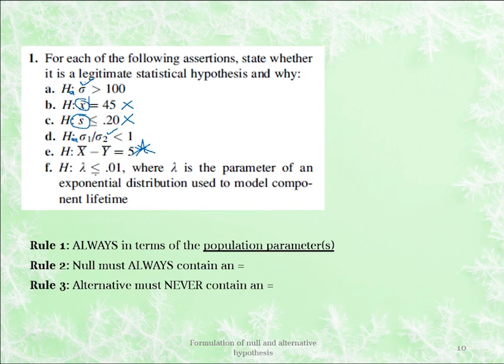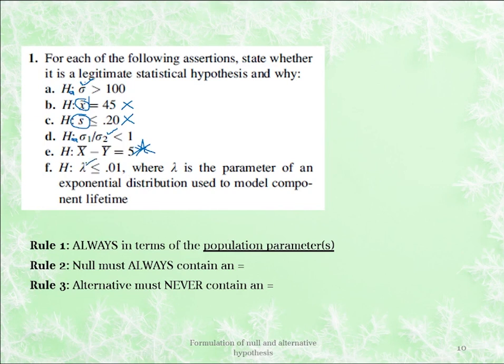And then the last one, where we said lambda is less than or equal to 0.01, where lambda is the parameter of an exponential distribution used to model component lifetime. So this is an example of a test that you could get in chapter 13, where we test parameters. And again, notice it's a population parameter. It's not a sample statistic.